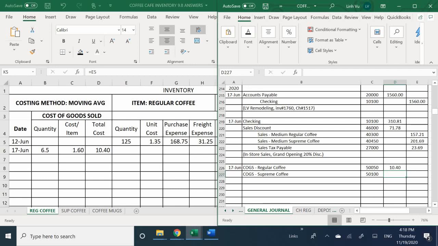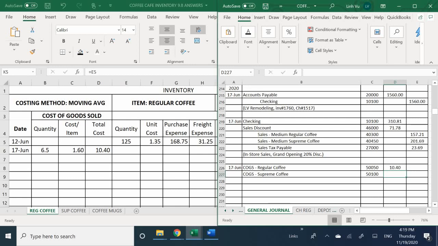I'm looking. Where am I taking this 6.5 pounds out from? From your inventory. From your inventory, and specifically, what is my inventory item that I am taking the 6.5 pounds out of?